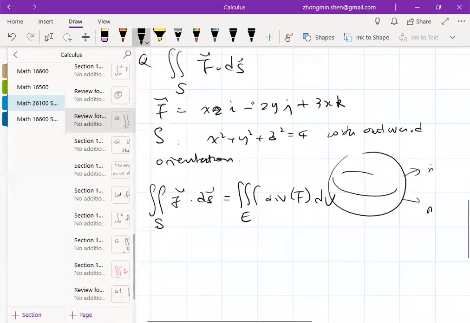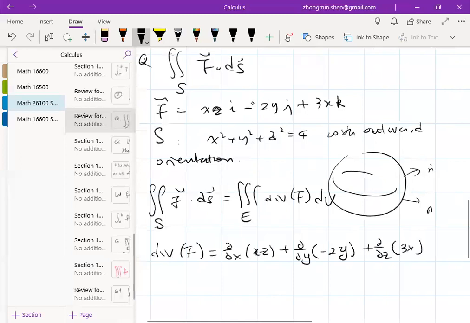The divergence of F is the partial derivative of the first term, plus the partial derivative of the second term, minus 2y. I think it's 2y, not z. And then the partial derivative of the third term, 3x.